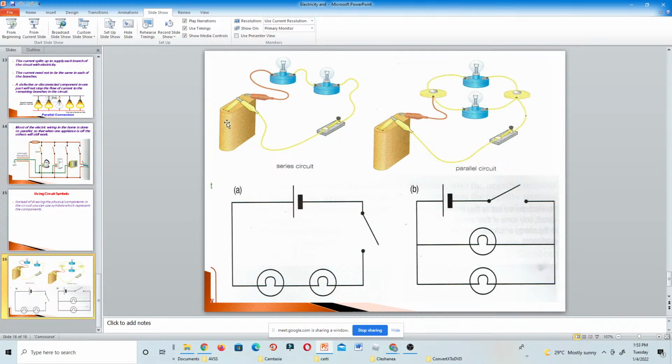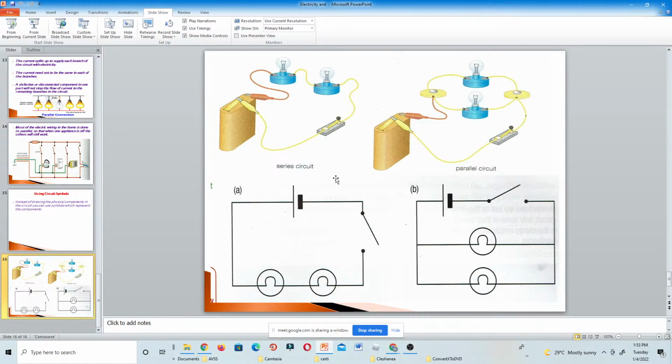And then from the battery you have the cable. So here is the cable right there. Definitely this represents the switch. And we have two bulbs there. So these are the two bulbs. Basically that's it for that circuit, not really a complicated one.